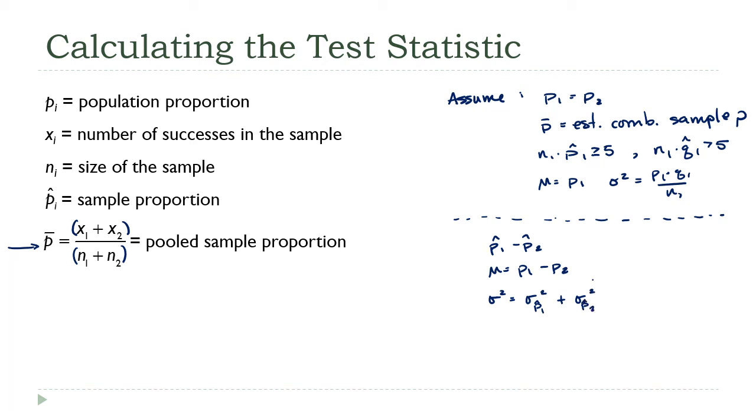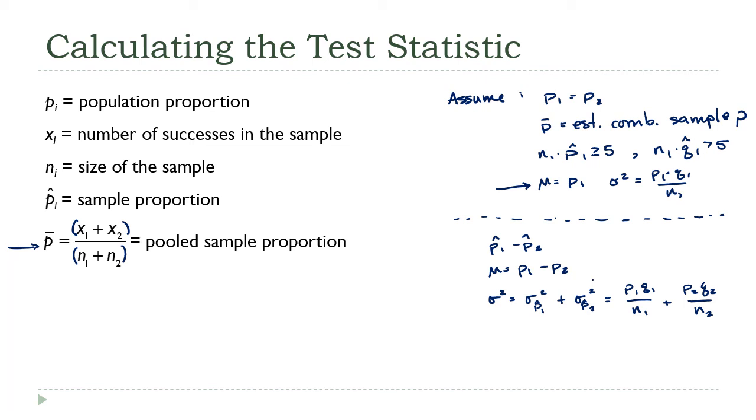Okay, now referring back to what we did up here, this is the same as p1 q1 over n1 plus p2 q2 over n2. And this is all based on the property that the variance of the difference between two independent random variables is the sum of their individual variances.